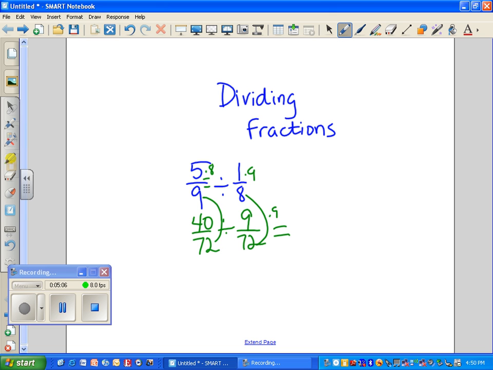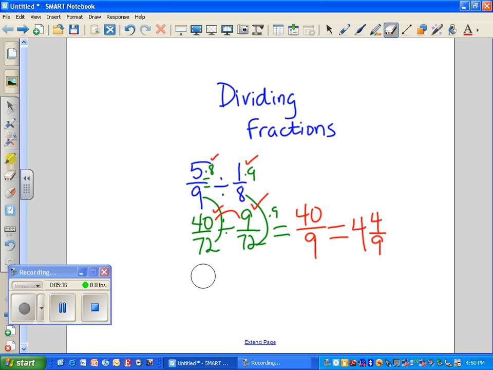And now my question of how many 1/8 are there in 5/9 turned into how many 9/72 are there in 40/72. Then I'm just going to take my numerators and divide 40 divided by 9, which turns into, how many times will 9 go into 40? 4 times, with 4 left over, and I'm still talking about 9ths.